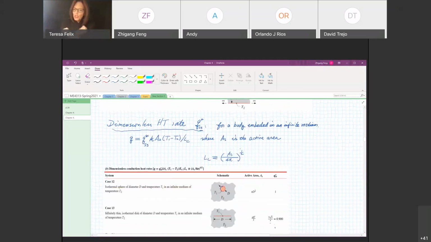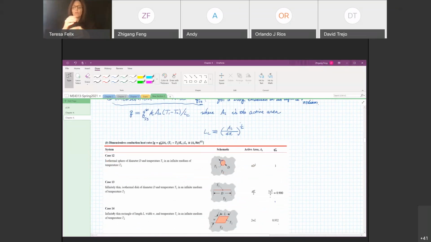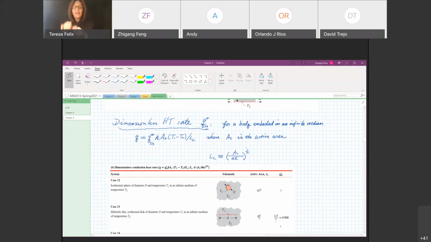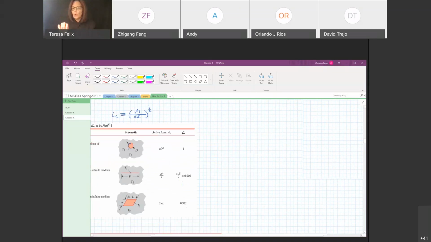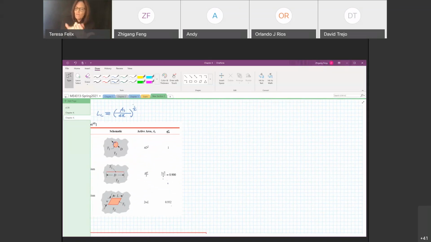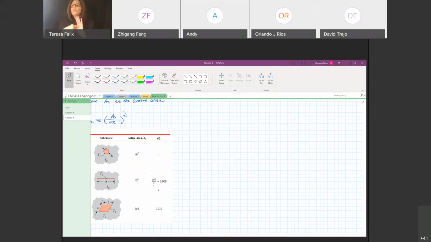There is another approach which allows us to get results quickly, and it's called dimensionless heat transfer rate, Q sub S and star. So that's a dimensionless heat transfer rate. Now the whole idea is based on this fact. So let me show you why we need to introduce this dimensionless heat transfer rate.